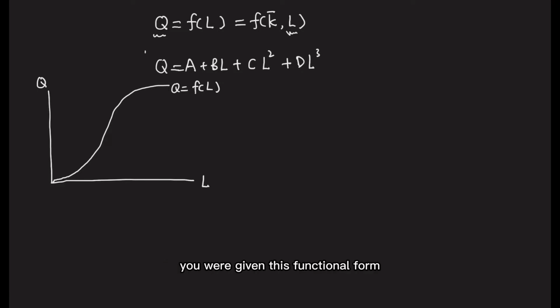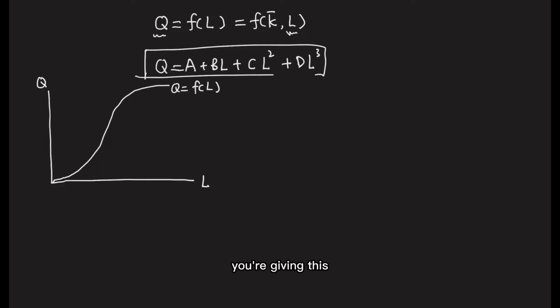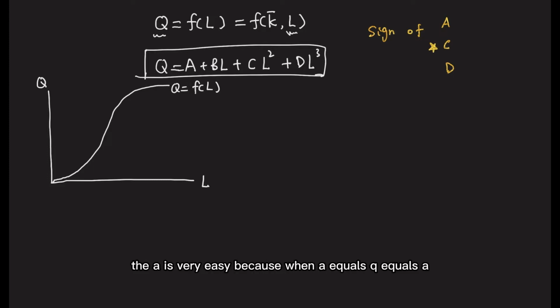So this is all the information you are given: this functional form, and what the curve looks like graphically. You need to figure out the sign of A, C, and D, especially C. The sign of A is very easy, because Q equals A when L equals 0.